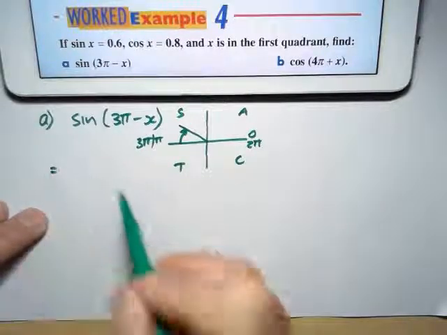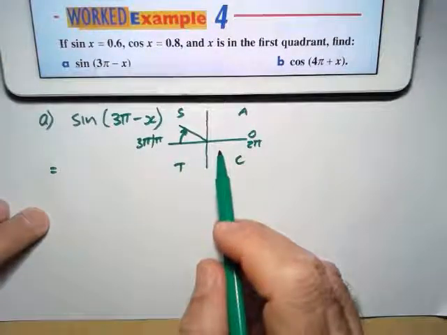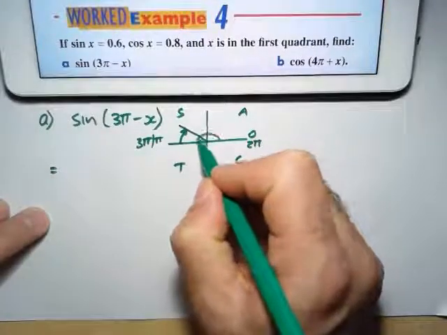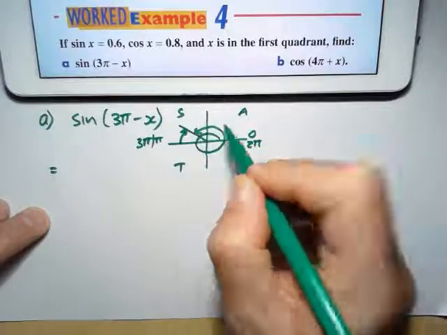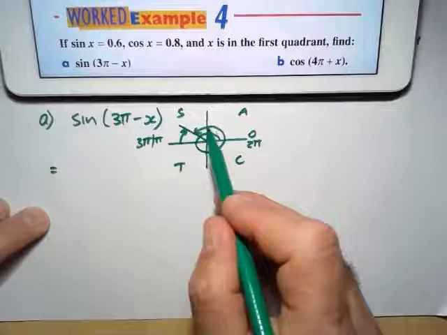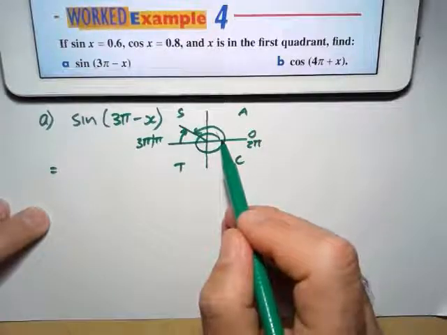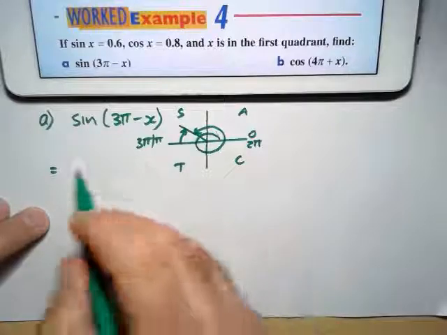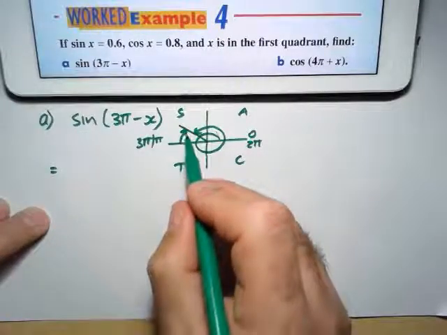I drew this, and you can actually do this: go from there to there to there to show that it's 1.5 rotations. So it's from 0, one rotation, and then some more. I'm ending up in my second quadrant.